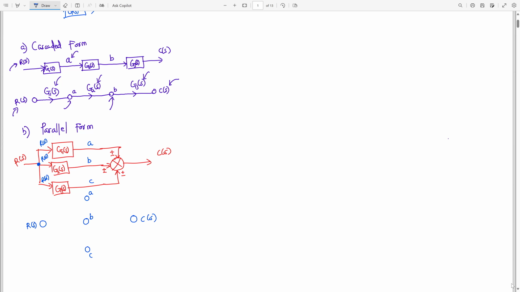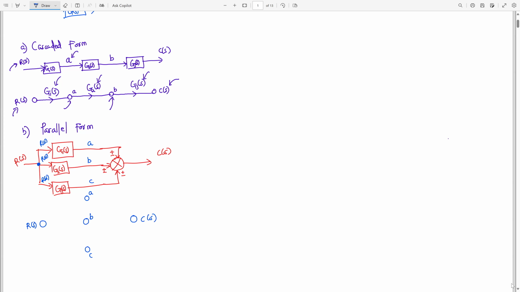Now the next thing to identify is the system or the blocks. And in the parallel form, the system here is the G1 of S, the block with the G1 of S transfer function, this block with the G2 of S transfer function, and this block with the G3 of S transfer function. So we have to draw it spatially, with respect to how they appear here.